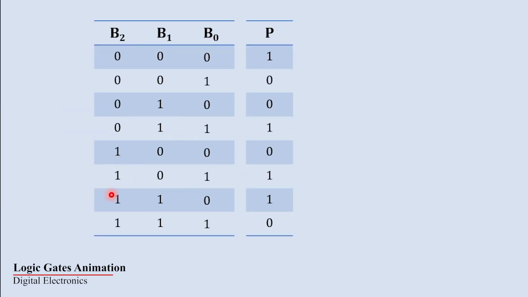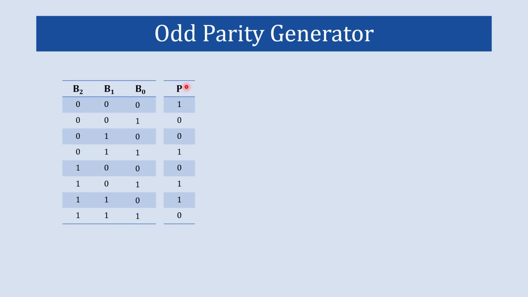Let's take an example of this number. So 1, 2 and 3. 3 is an odd number, so the total count of ones is odd. Let's take an example of this. Over here also the total count of ones is 1. So this is the odd parity for this data set.